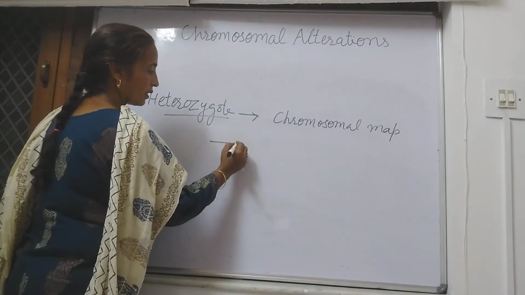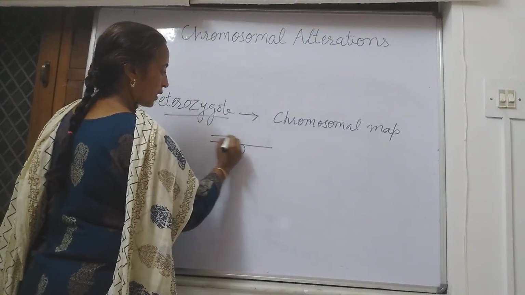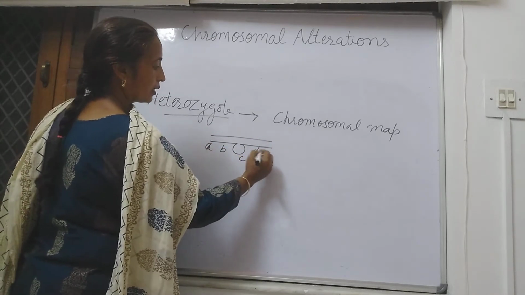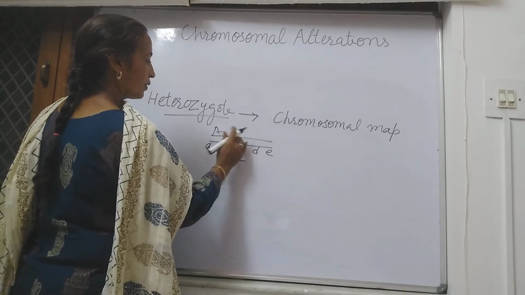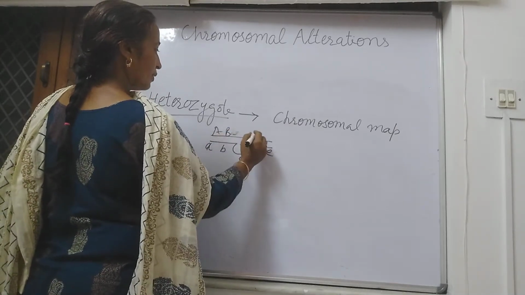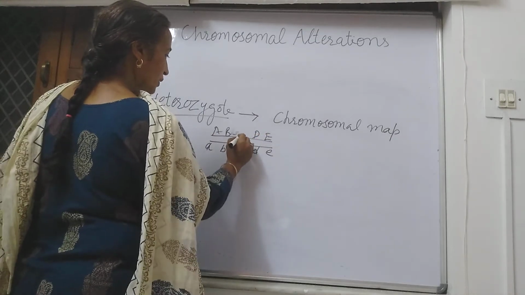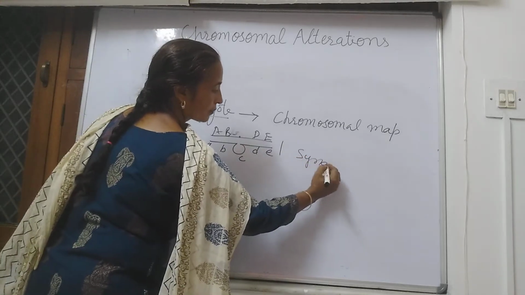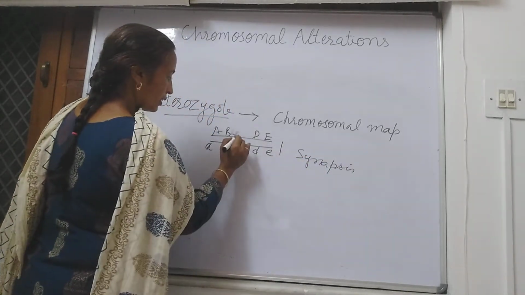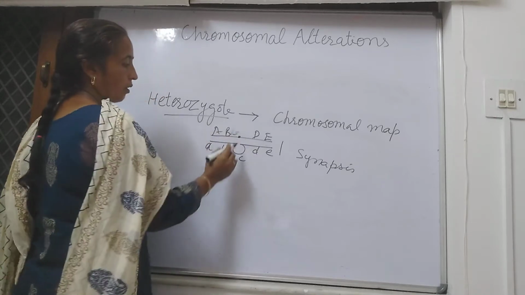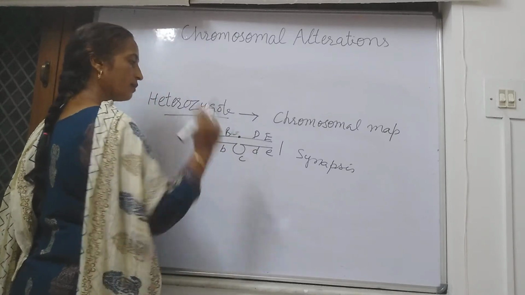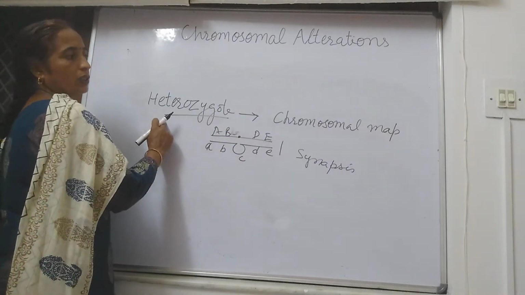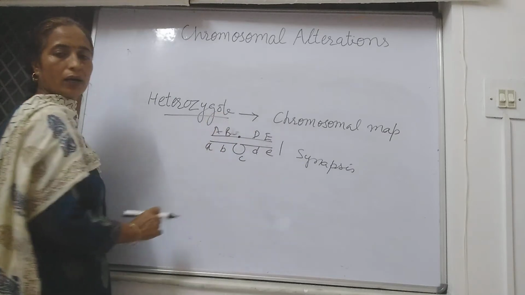At the time of synapsis, suppose this is A, B, C, D and E, and here A, B, D and E, so C is lost. At the time of synapsis, this will locate the position of gene C. This heterozygote can help in chromosomal mapping.